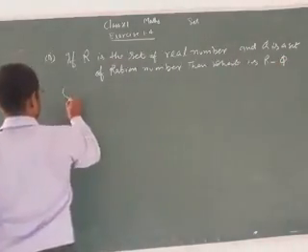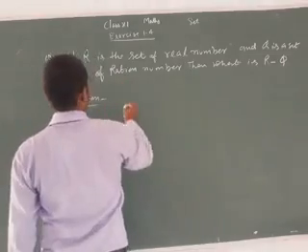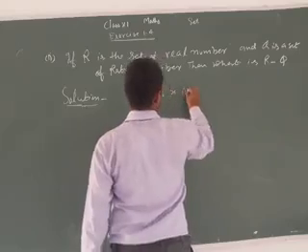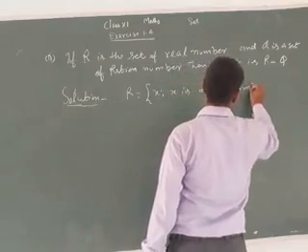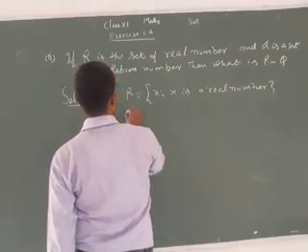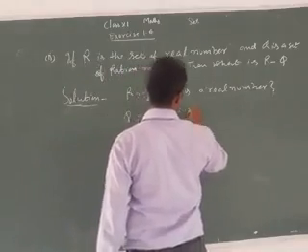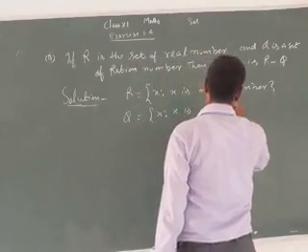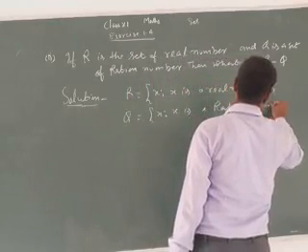So solution. For this question, R is equal to the set of X such that X is a real number, and the set Q is equal to X such that X is a rational number.